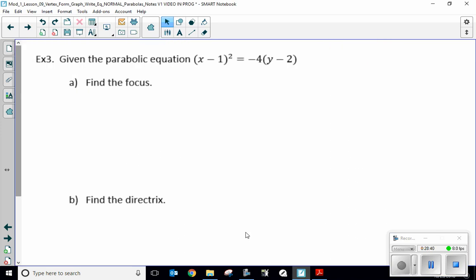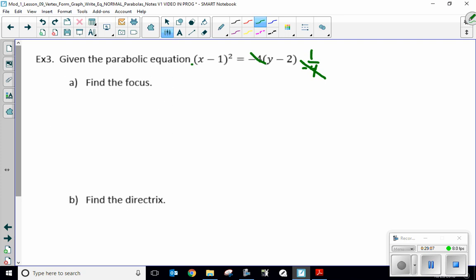I can't believe it, but we're finally on the last problem. They don't tell us to put this into vertex form, but I'm going to because it's always a lot easier to find the vertex than the focus and the directrix. So I'm going to multiply this side by 1 over -4. So these two cancel. What I'm doing is getting y alone.